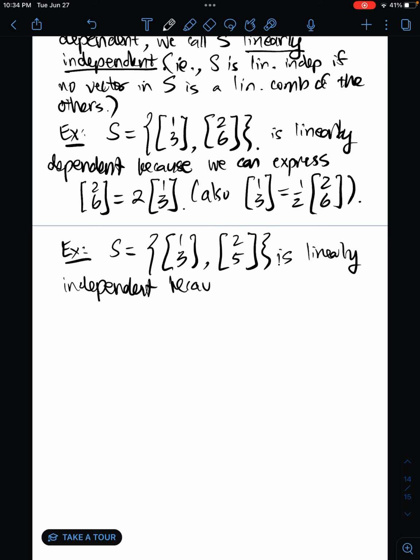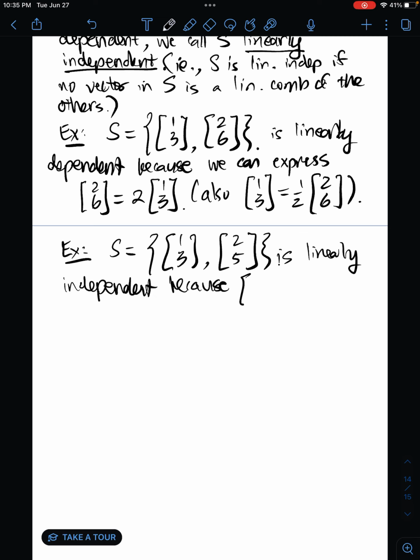because, remember, when you have two vectors, how can (2, 5) be a linear combination of (1, 3)? Well, when you have a linear combination of one vector, that just means a scalar multiple, right?